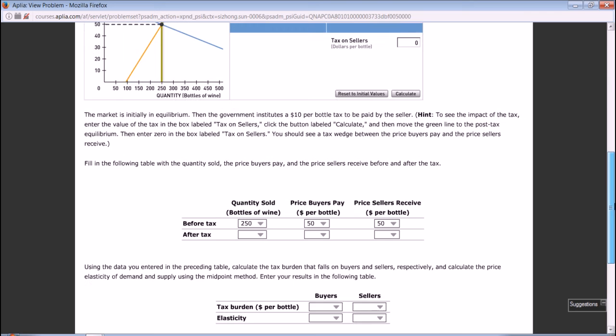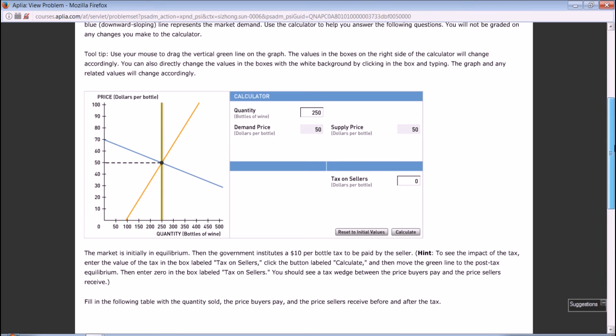So after tax, $10. Okay, then let's move this to zero tax on sellers.